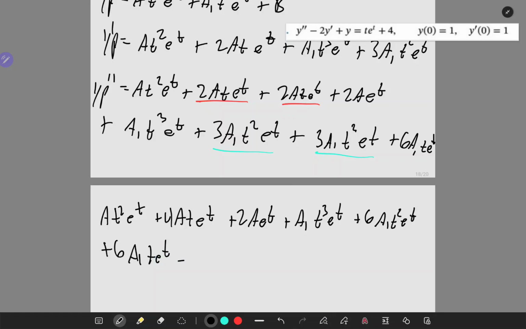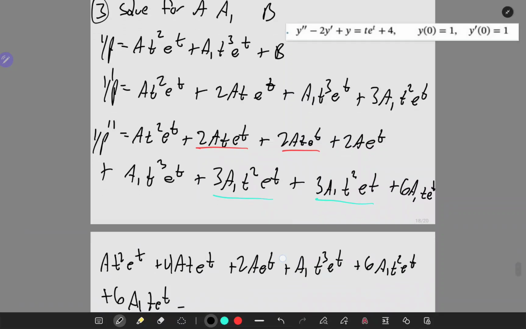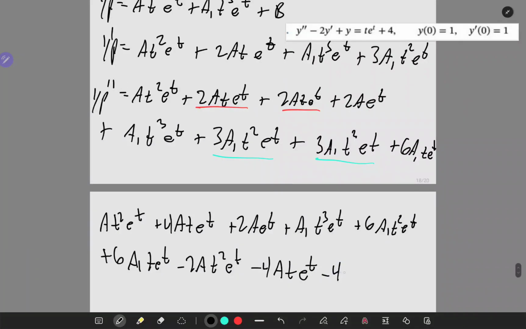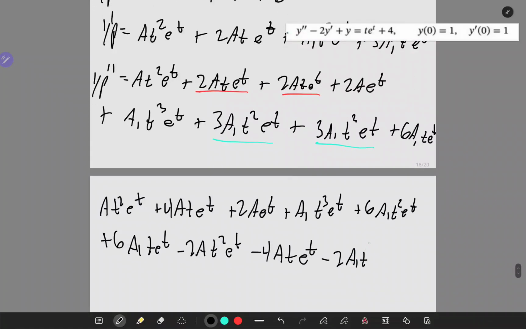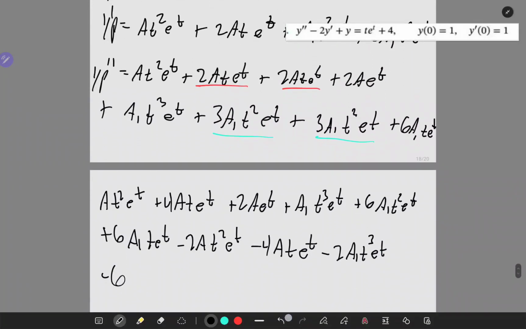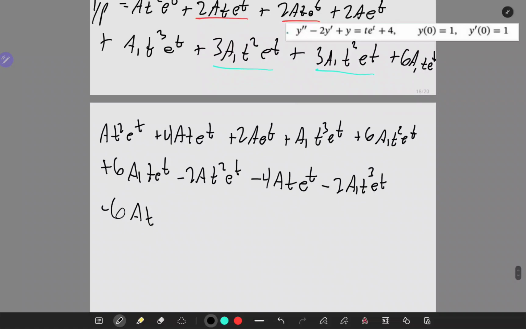Now minus 2y prime, so do any of these combine first of all? Nope. So minus 2at squared e to the t minus 4at e to the t minus 2a1 t cubed e to the t minus 6a1 t squared e to the t.